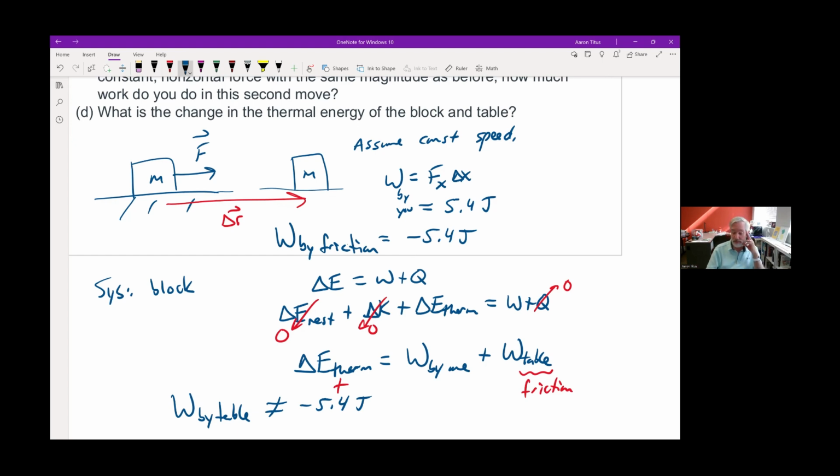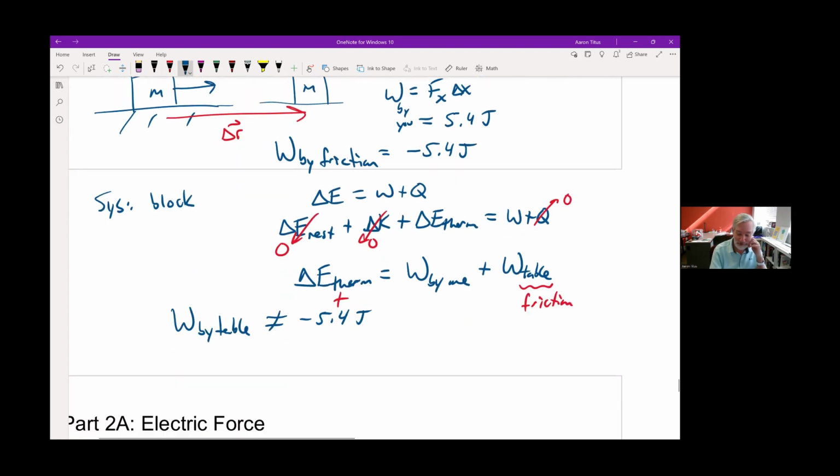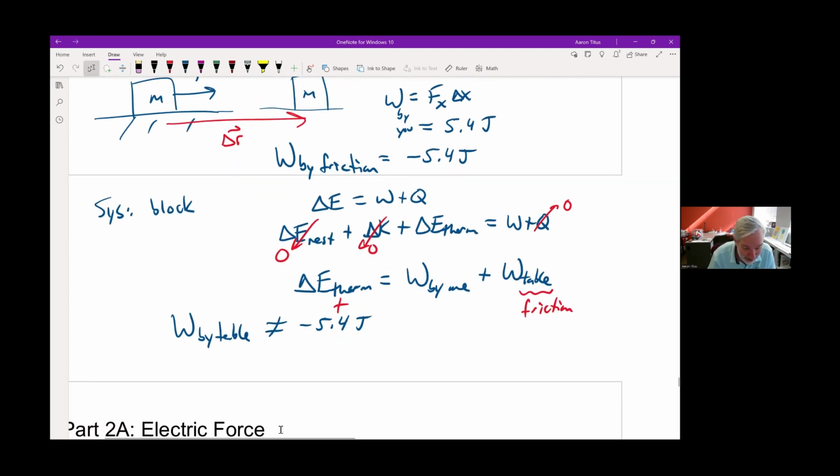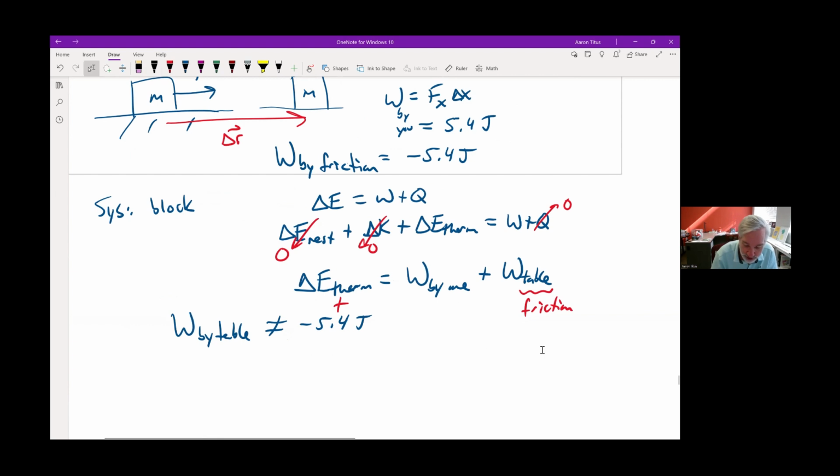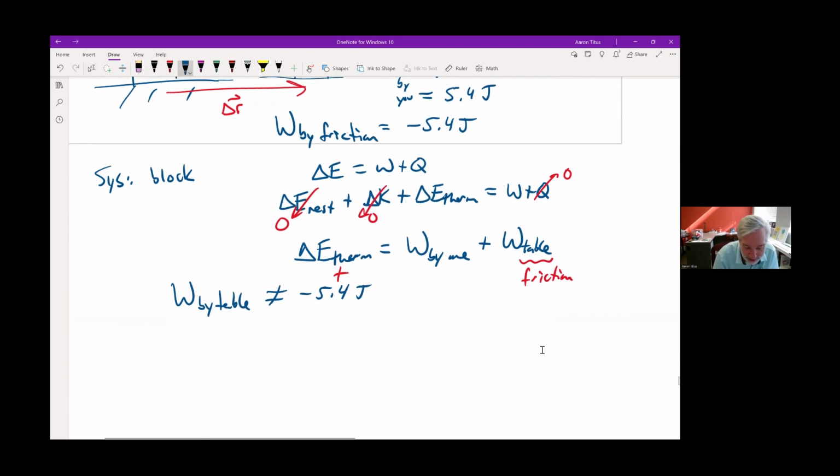And how do we handle this paradox? Well, one way that I handle it is sometimes I ask the question, what is the change in thermal energy of the box and the table?